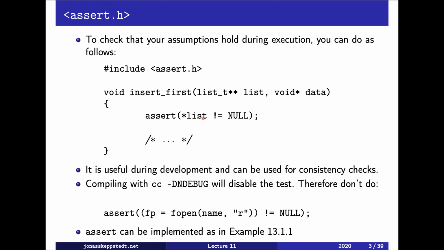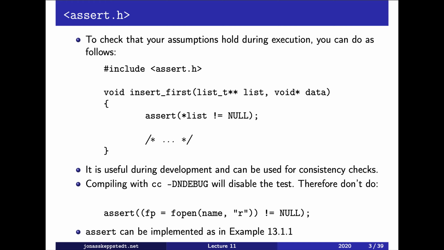It will print a message such as assertion failed on line that, in function that, in file that. And this can be very useful during development, and sometimes it's also used in production code.